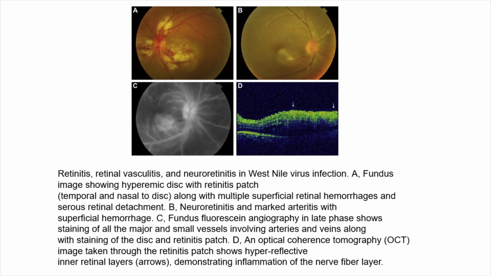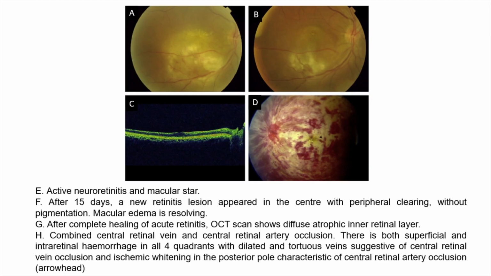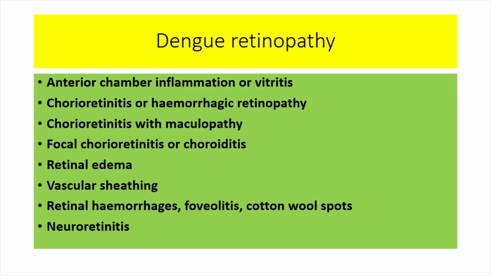And optical coherence tomography through the retinitis patch showed hyperreflective inner retinal layer, demonstrating inflammation of the superficial retina. And here is a case of acute neuroretinitis with macular star, which resolved with treatment. And there is a combined central retinal artery and vein occlusion in a case of West Nile virus infection.